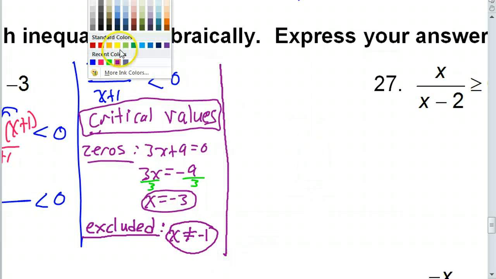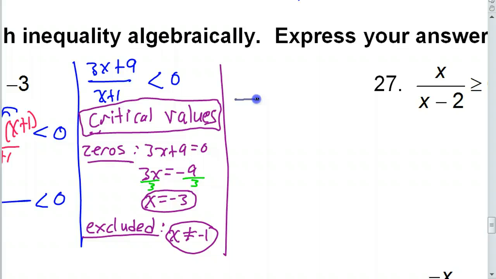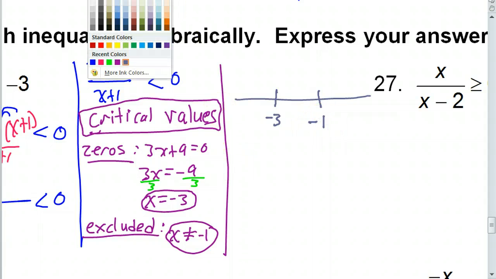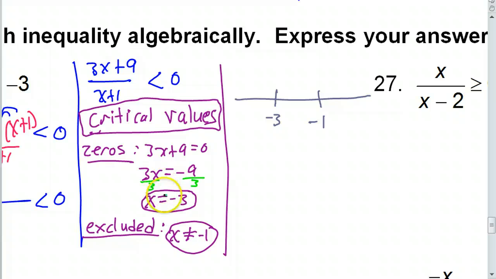Okay, so here comes my number line. I'll do it over here. So I have -1 and -3. So here's -3, and here is my -1. So I'm thinking, are they open circles or closed circles? Well, excluded values are always open circles, because open circle means excluded.